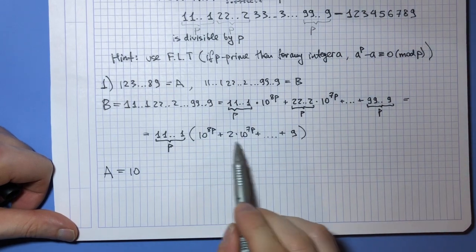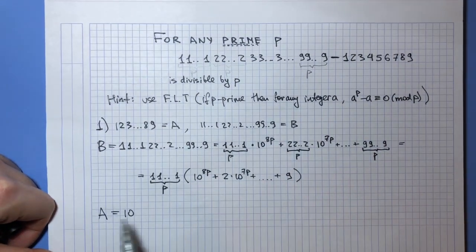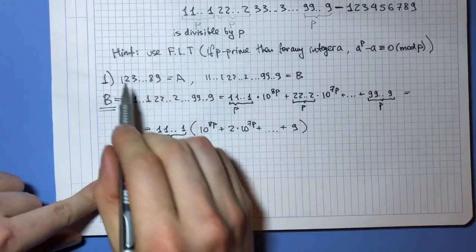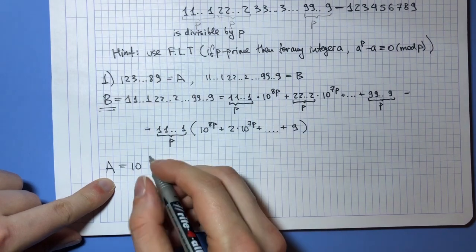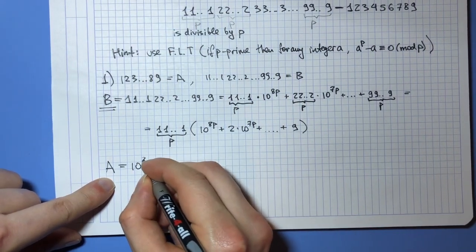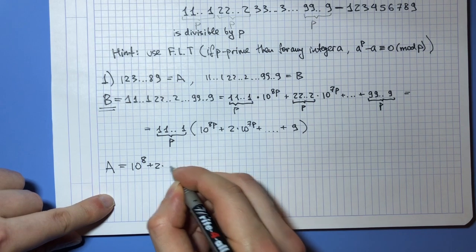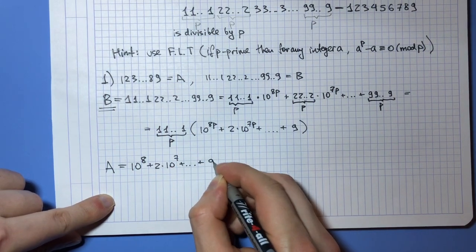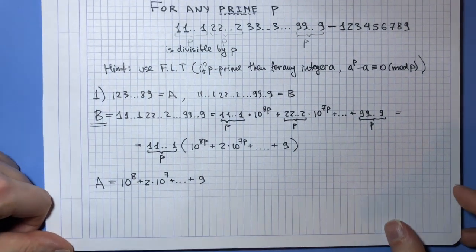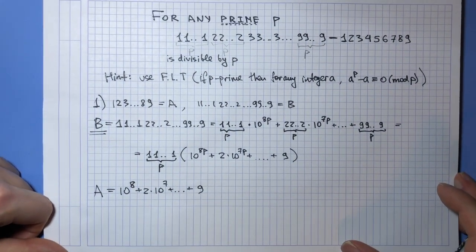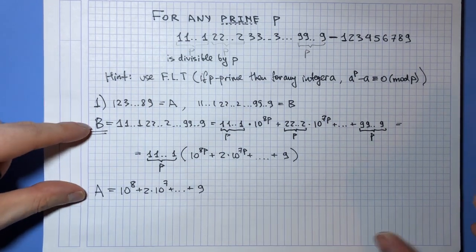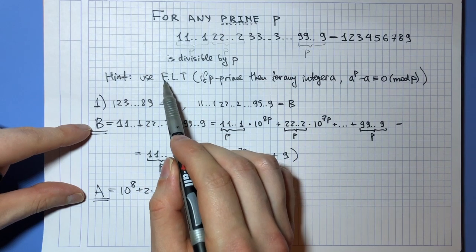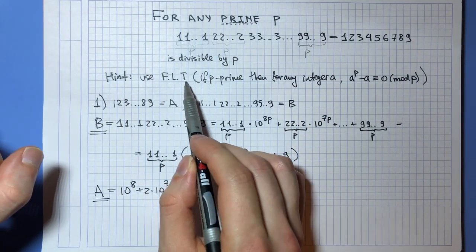So why don't we repeat the same with A? So this was number B, and if we write A, this number, in the same decimal expansion, what do we get? We get 10 to the 8 plus 2 times 10 to the 7 plus and so on, plus 9. Okay, so what can you notice if you now remember my hint using Fermat's little theorem?